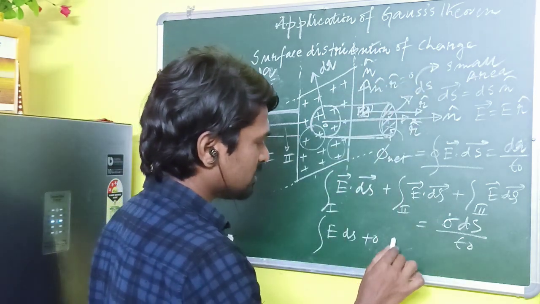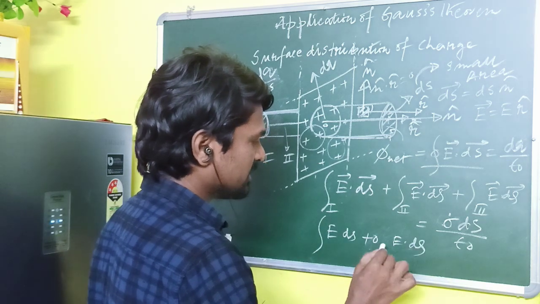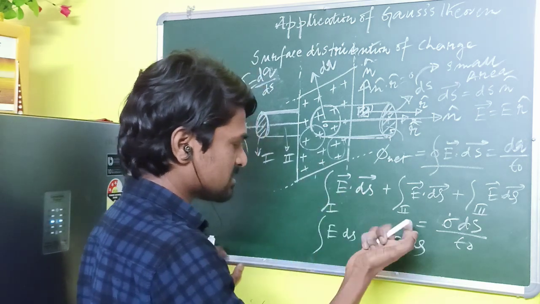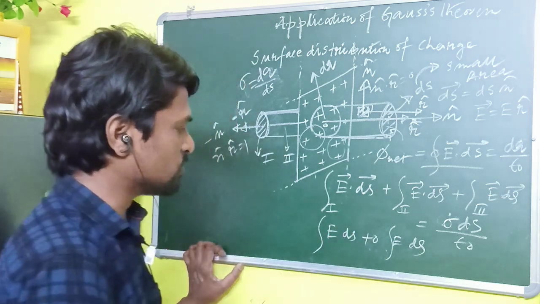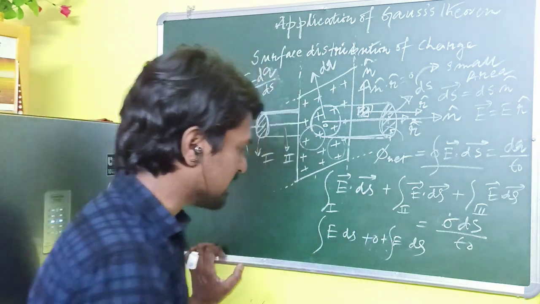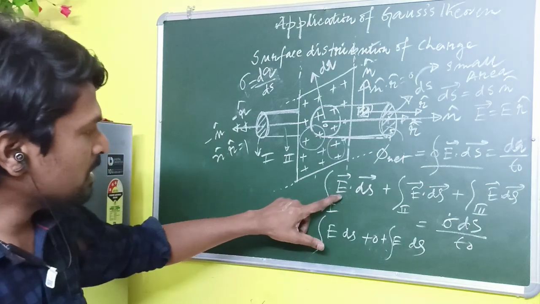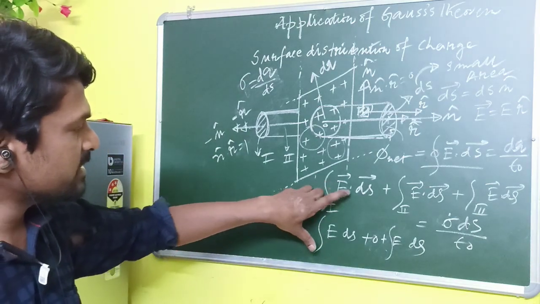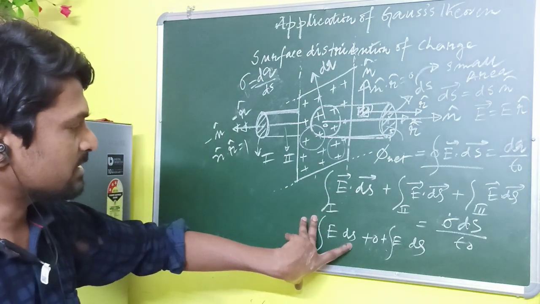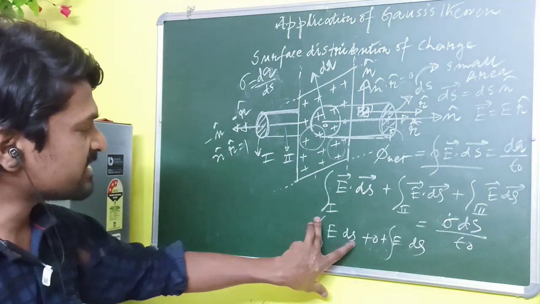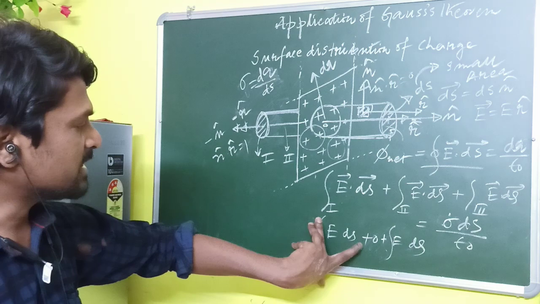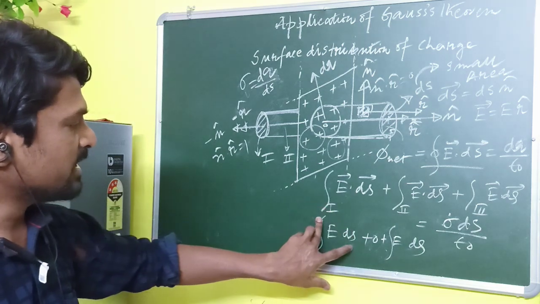For the third one, E dot ds, we can write E ds. When you write E dot ds, E is the vector, and this is the magnitude. So here E ds cos 0 degree, that is 1, so we can write E ds.